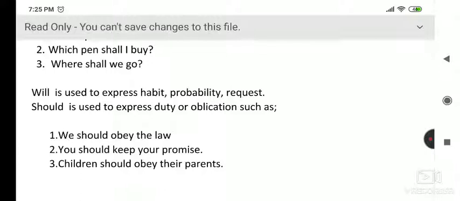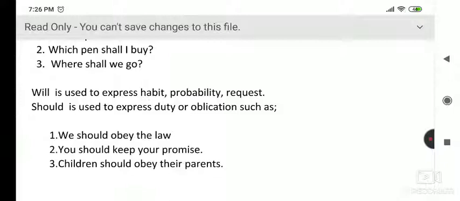For example, we should obey the law. In this sentence, should is used to express the duty. You should keep your promise. In this sentence, should is used to show the obligation.